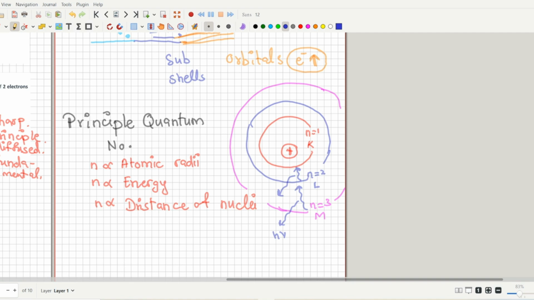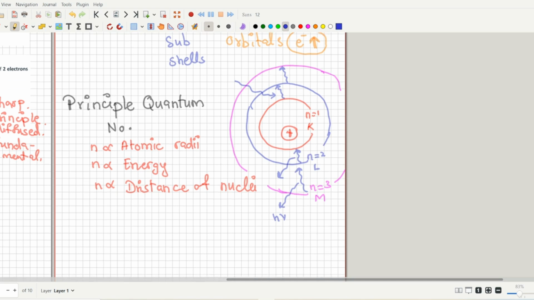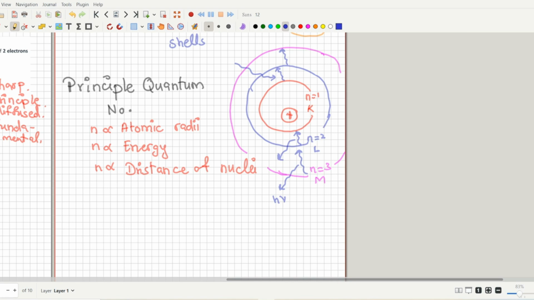If an electron jumps from a lower shell to a higher shell, it will absorb energy, and as it goes further away from the nucleus, it will keep gaining energy. So that's why the number n is directly proportional to energy. The third shell will have more energy, the fourth shell will have more energy, and so on. So that's what you will know about the behavior of electrons from the principal quantum number.